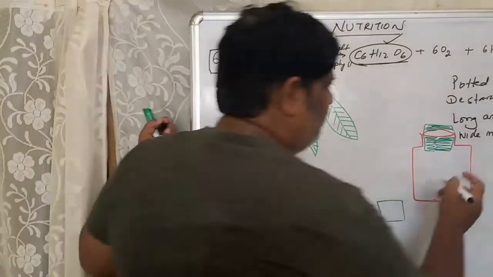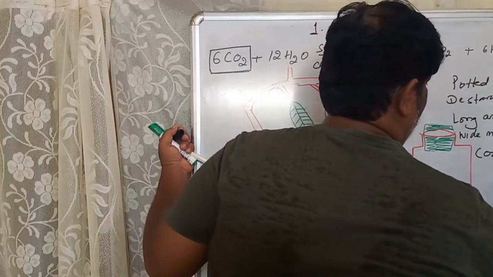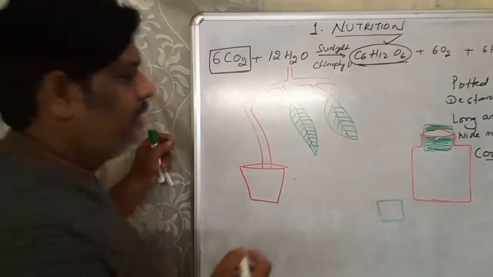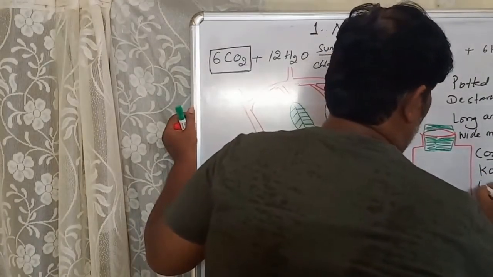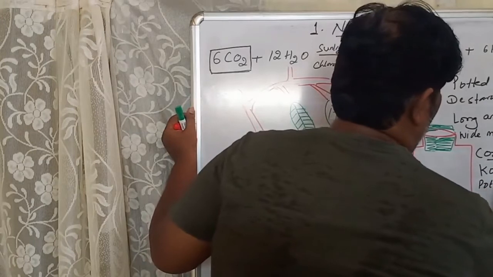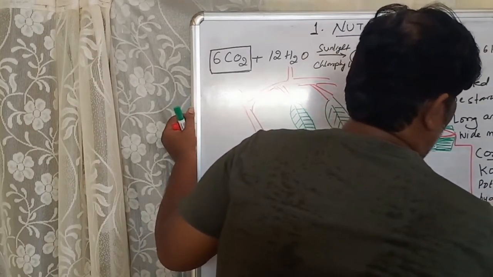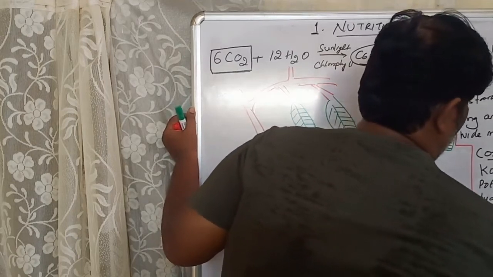The next thing we have taken is the cork, which is split. Now we will also take the solution called KOH solution, the potassium hydroxide solution.